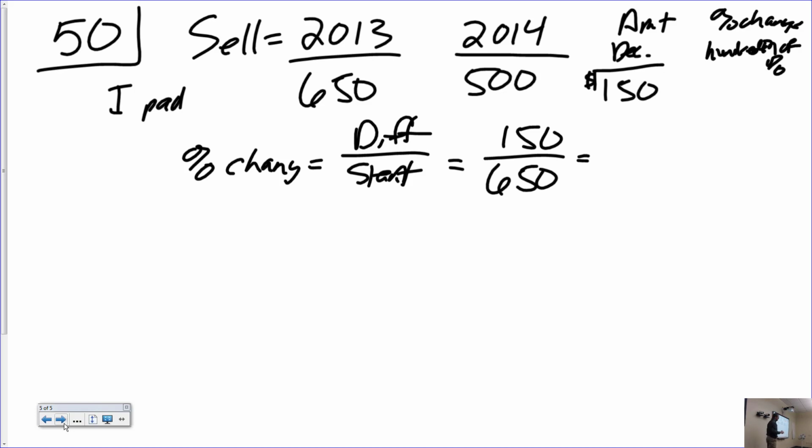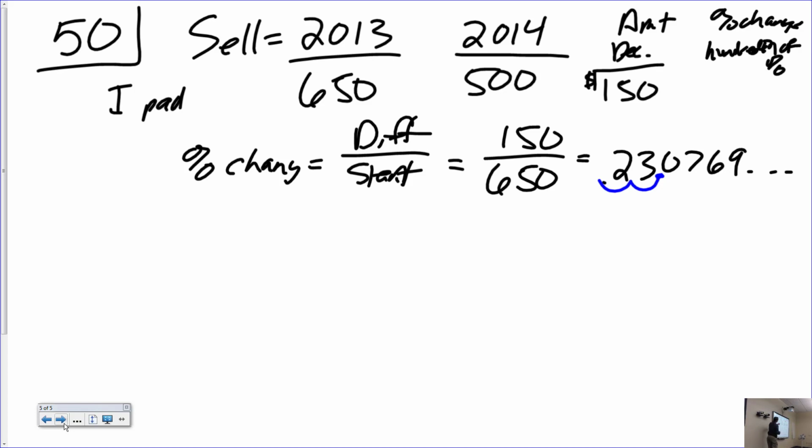What's 150 over 650? Give me a bunch of decimal points. Remember, that's the decimal representation. What do I have to do first? Make it a percentage.